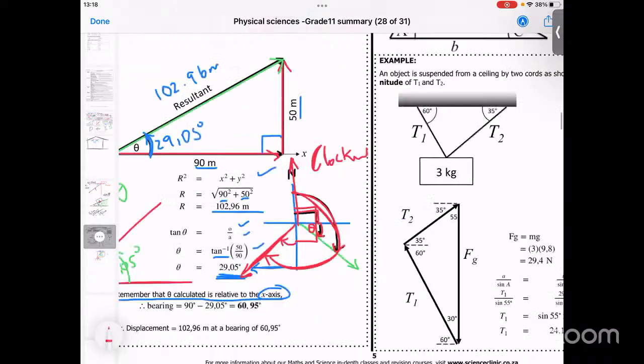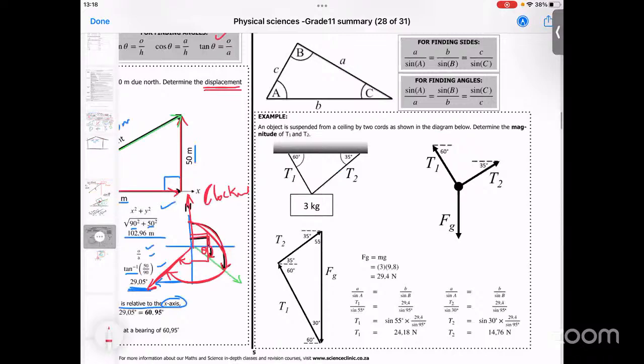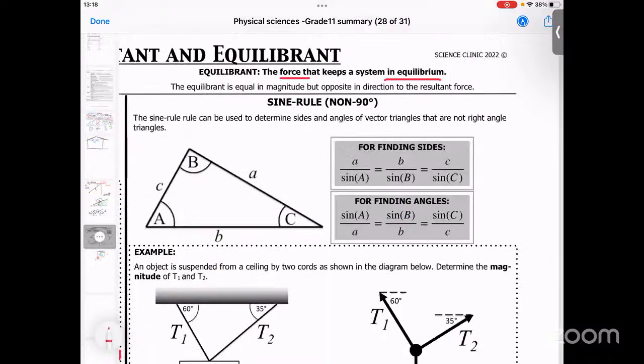Now let's get to this example, but before we get to the example, very much important, honorable member, we talk about the sine rule. The sine rule focuses on where you are having a non-90 degree triangle.